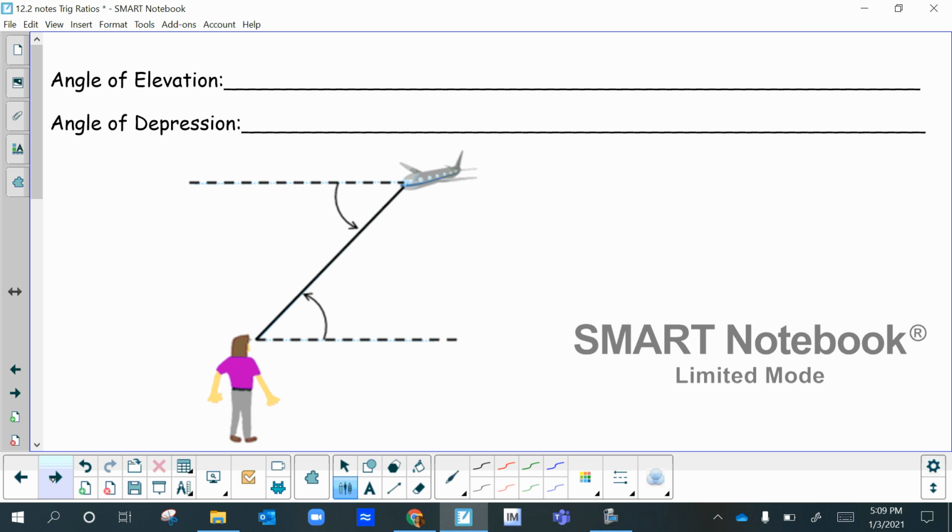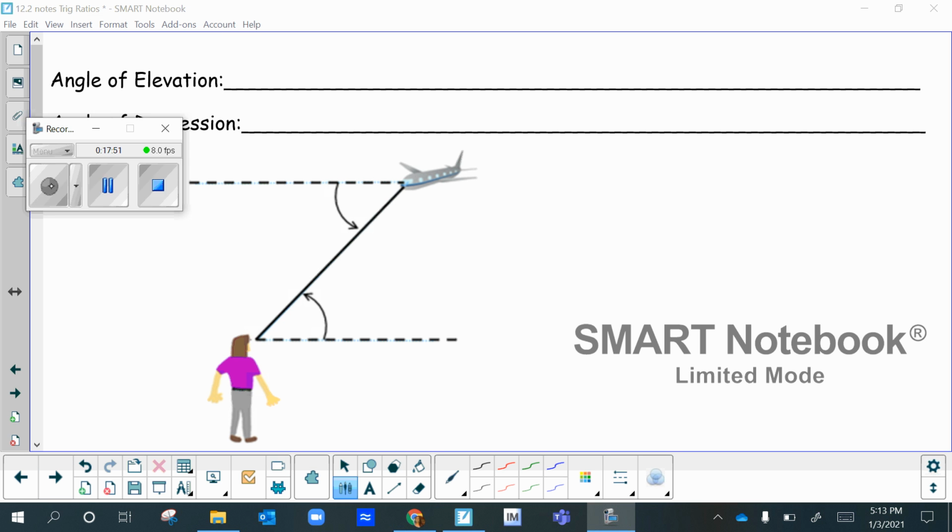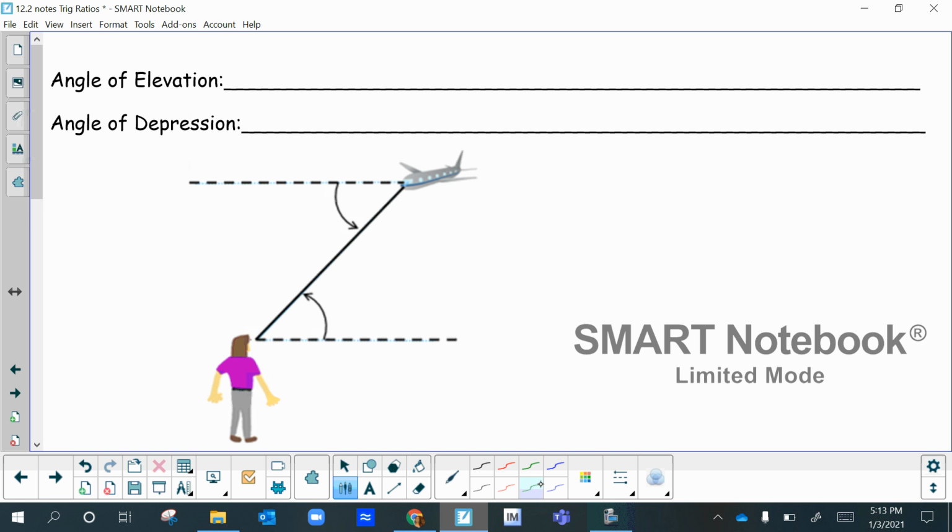Okay, a couple new terms, angle of elevation and angle of depression, okay? So the angle of elevation is, okay, so on this one, I'm going to point to it first and then we'll write it in words. So right here, this is going to be your angle of elevation. So go ahead and label the picture first, and then we'll write it in words.